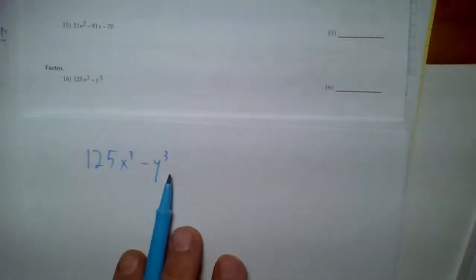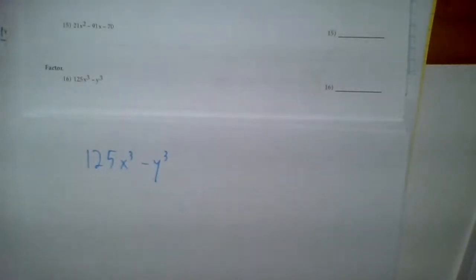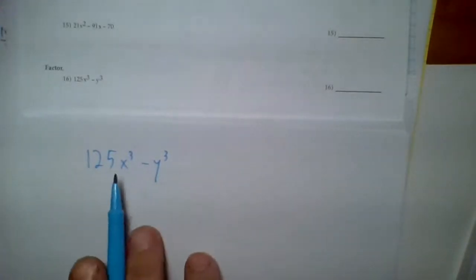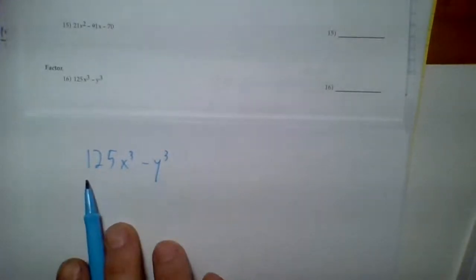First question is, of course, GCF. If there's a GCF, I'd want to pull it out, but there's nothing in common between these two things. It's the same exponent, but there's no x's here and there's no y's here, and there's nothing to pull out from both terms.